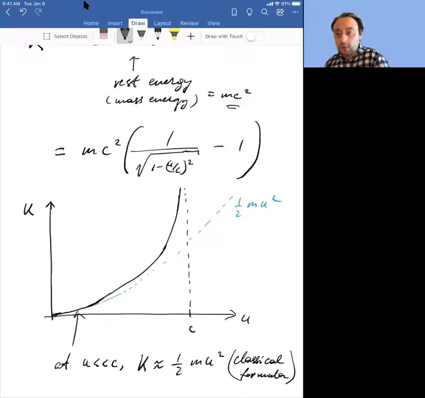By someone doing work on them, right? If I want to accelerate the bicycle, I need to apply force and do work on that bike, i.e., I need to transfer energy into that bike. So this says that if you want to reach the speed of light, you have to transfer infinite amount of energy into that object. And even then, you will only approach the speed of light, not beyond that.